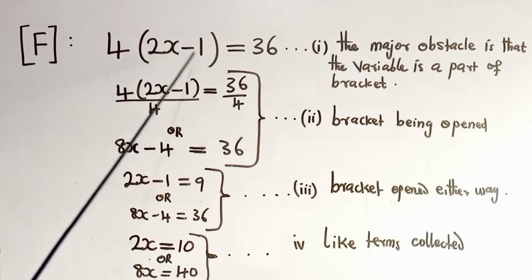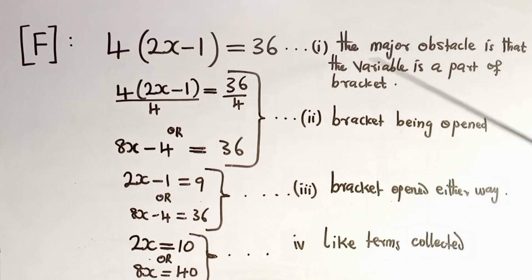Watch this equation, please. 4 bracket 2x minus 1 is equal to 36. We want to use this to learn how to open brackets. So we now want to practice opening brackets when solving equations. In this equation, the major obstacle, as we see it, is that the variable is a part of a bracket.